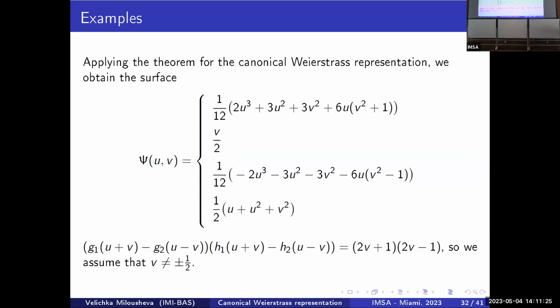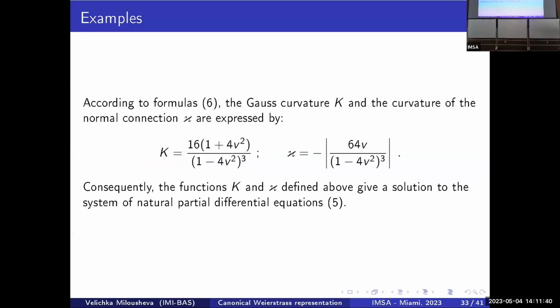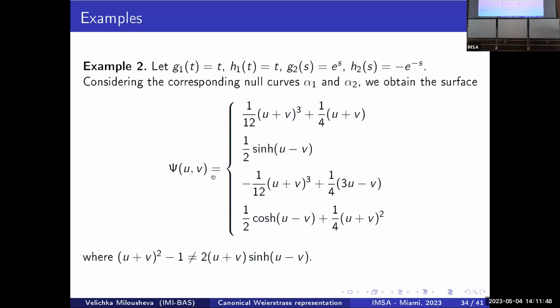And to have the condition for non-degeneracy, we have to assume that in this case, V is different from plus or minus 1/2. Actually, more important is to calculate the Gauss curvature and the normal curvature for this example. And you see here the expressions.